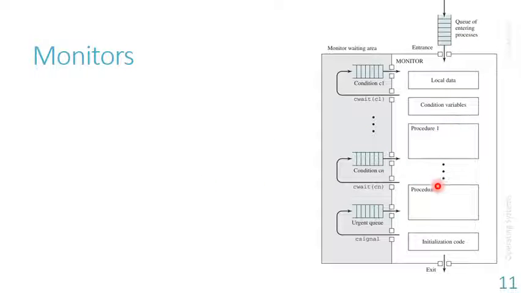So if P1 wants to use the scanner, it will directly go ahead and use procedure K, and no other process can enter, so no other process can get the printer while P1 is using the scanner, for instance, because only one process is allowed in the monitor at a time. And here you can see that once we're done, we can exit it.